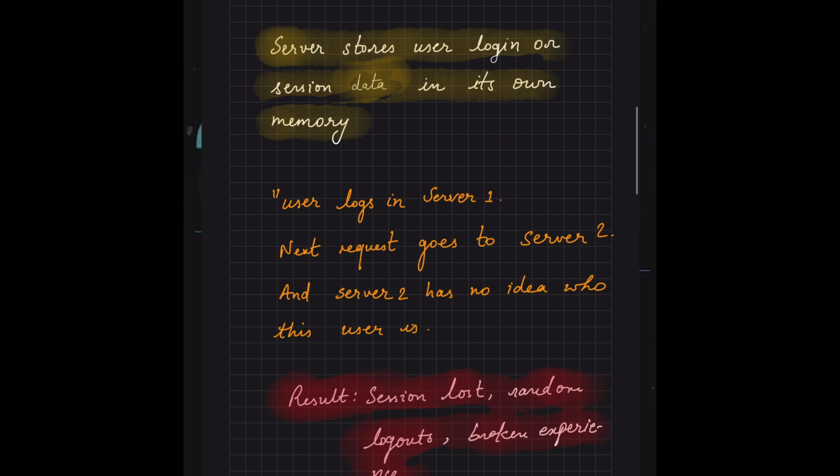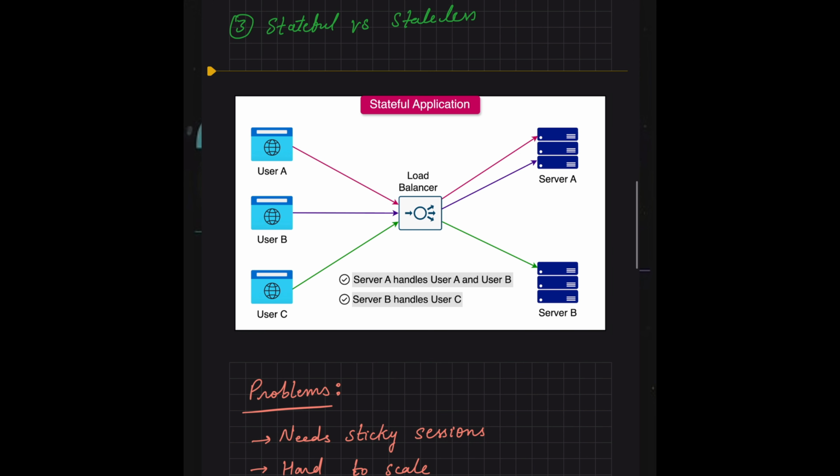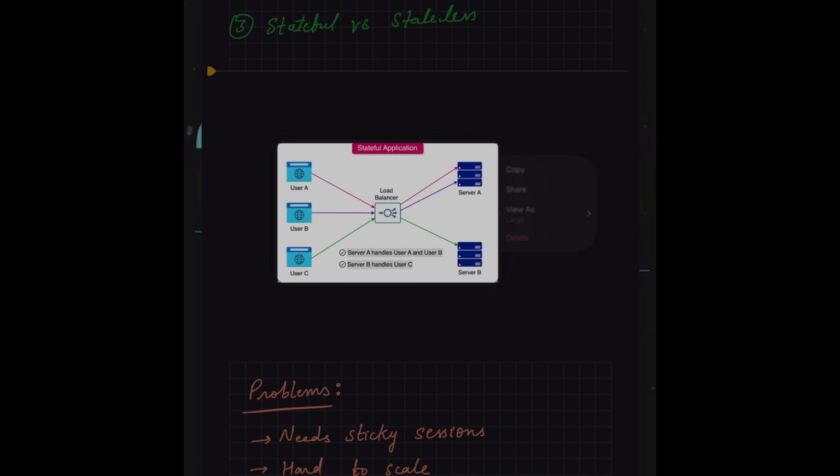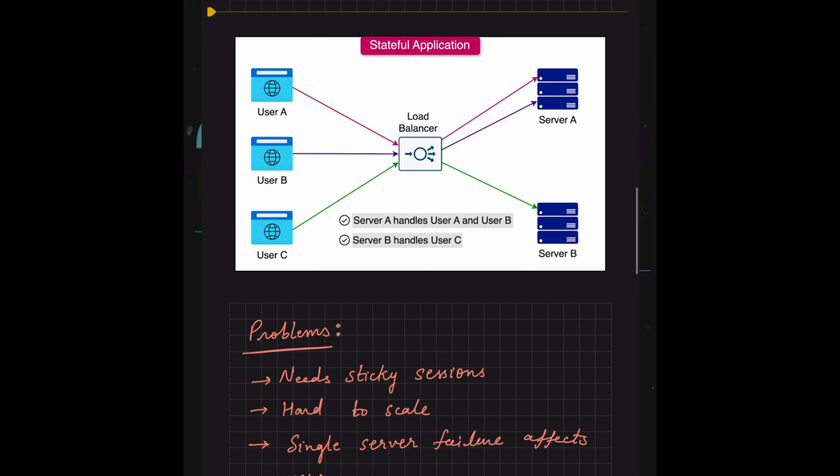But if you see a stateful architecture, in a stateful architecture the load balancer is responsible for managing user state. Let me show you. The load balancer maintains sticky sessions. Whenever a user sends a request, it routes the request to a server, and to whichever server it routed the request, it stores the session details and user information inside the load balancer only.